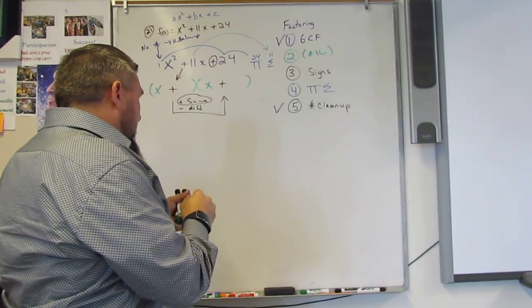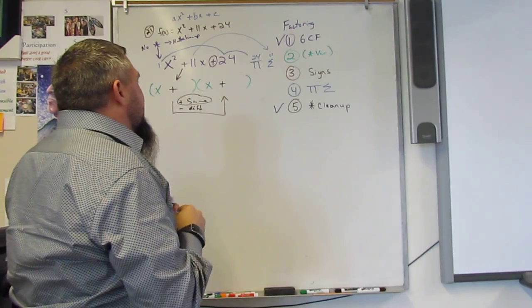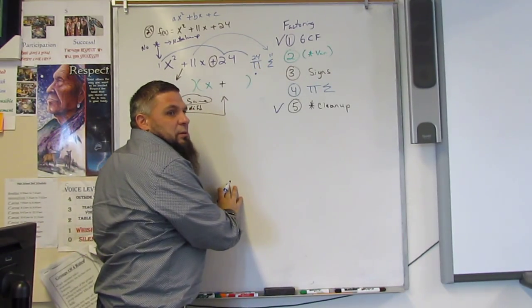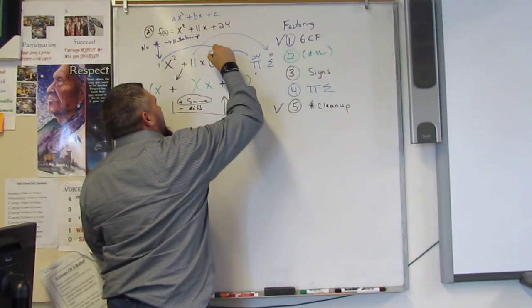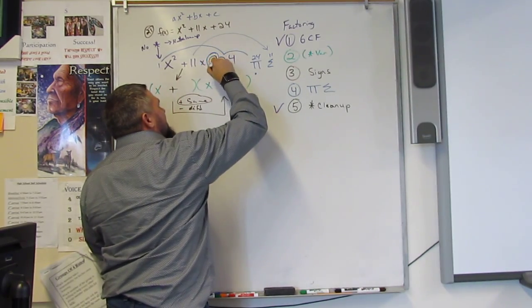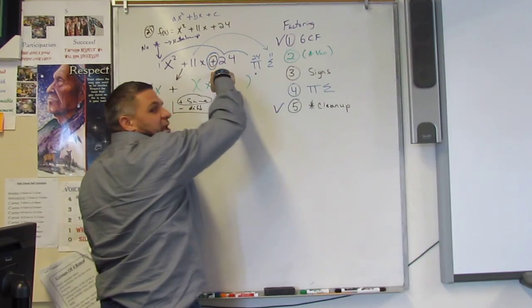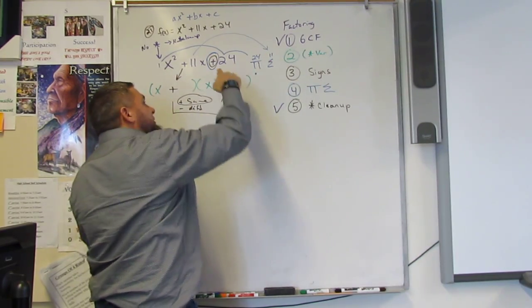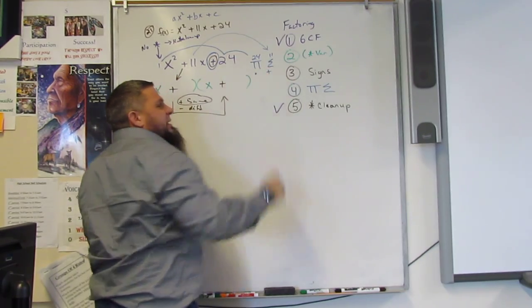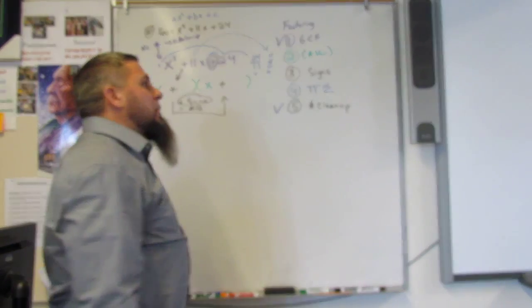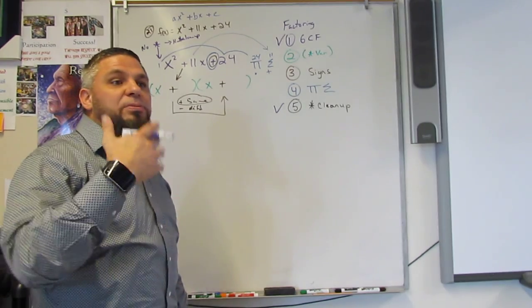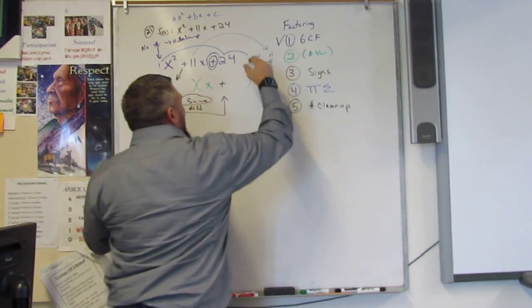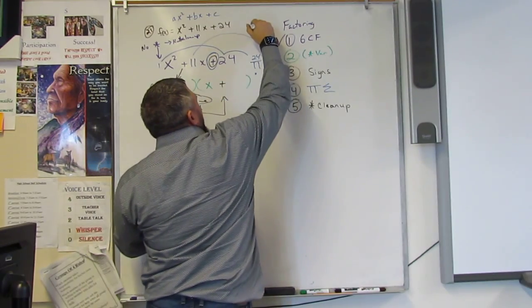Okay? So, what I'm going to do here is I got to get 2 numbers that multiply to be 24. But the second sign tells me what they're doing here. If this is a minus, they're going to subtract to be 11. And if this is a plus, they're going to add to be 11. So 2 numbers that multiply to be 24. So just think of any 2 numbers, right? And it's always big number first.